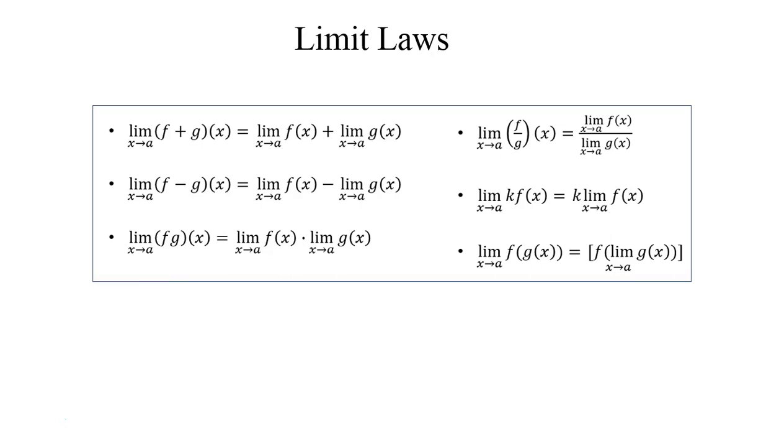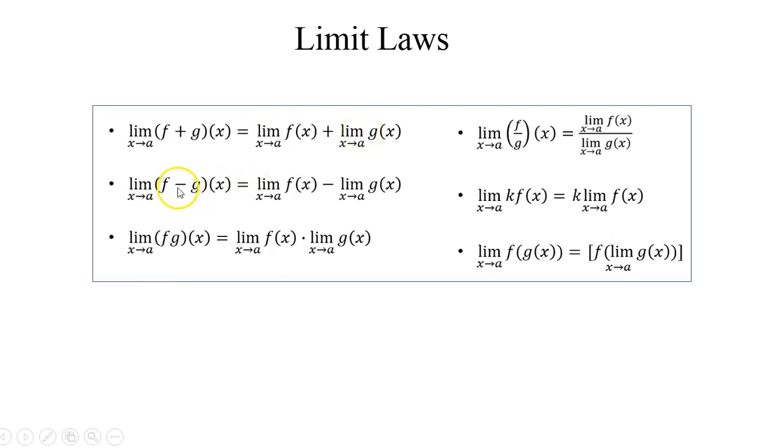Last thing I guess I want to talk to you about, this ties into your limits algebraically, are limit properties, or limit laws, I guess is what I have them called here. It basically states this. If I have a limit as x approaches a of a function f plus a function g of x, basically you just take the limit of the first, limit of f, and add it to the limit of g, or the limit of the second.